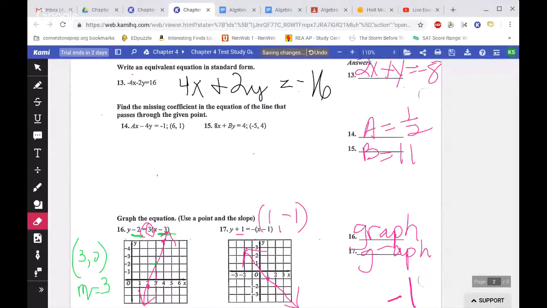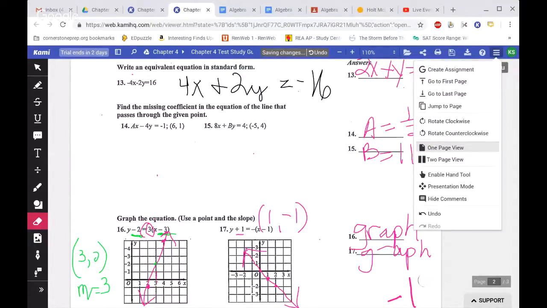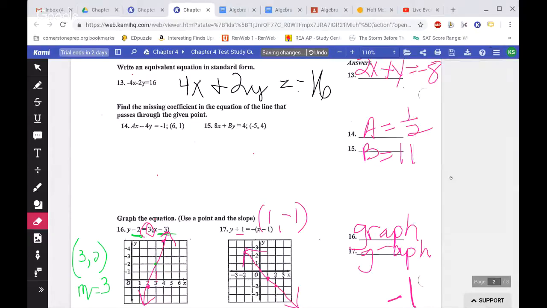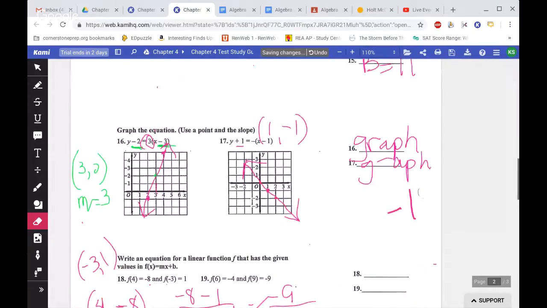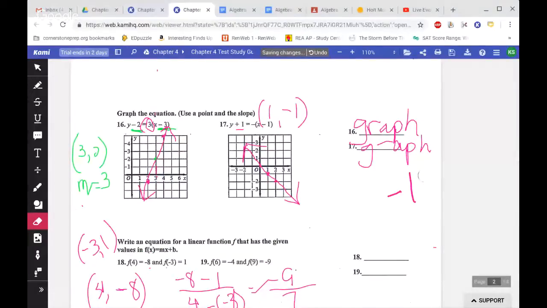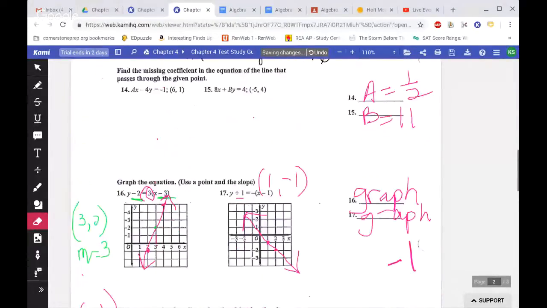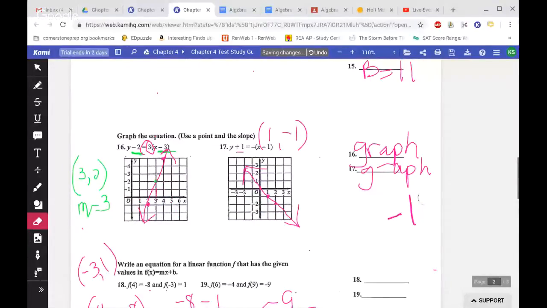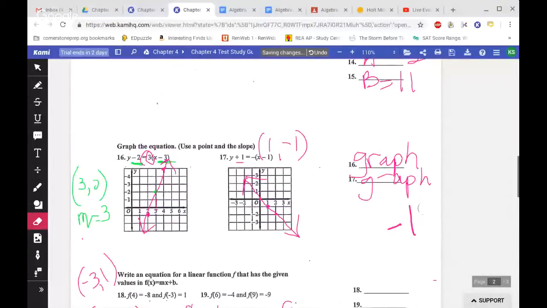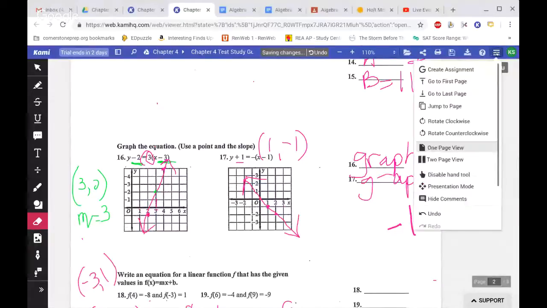Nope, not one. I can maybe enable hand tool. But it won't even erase using hand tool. That's my finger trying to erase it, and it won't. Nope, nothing.